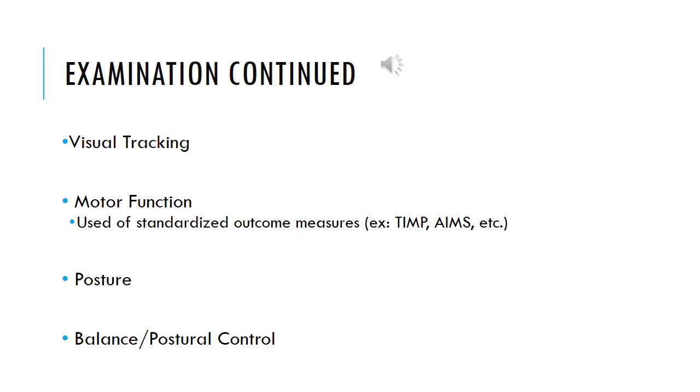And then certainly looking at that child's balance and postural control in the developmental positions that are relevant for that individual. So it is likely that due to potential asymmetries and deviations in posture, that the child's balance and postural control is often not what we would expect for that child's typically developing age.